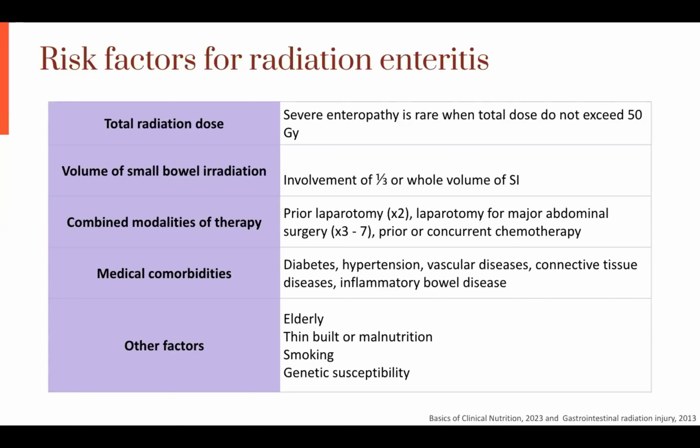The combination modality of treatment will increase the risk. And the common things like diabetes, hypertension, the medical comorbidities, and other GI diseases will increase the risk. And age is a factor, malnutrition is a factor, smoking, and genetic susceptibility.